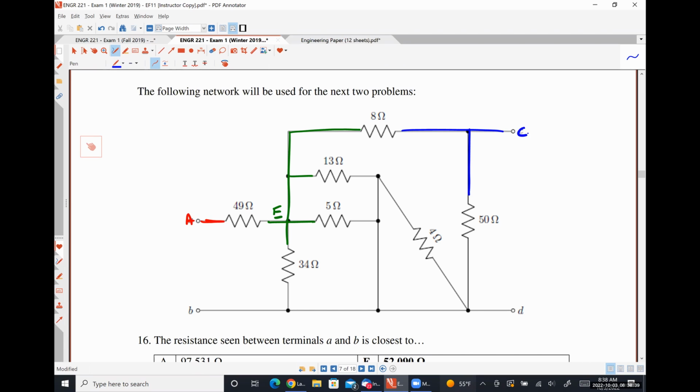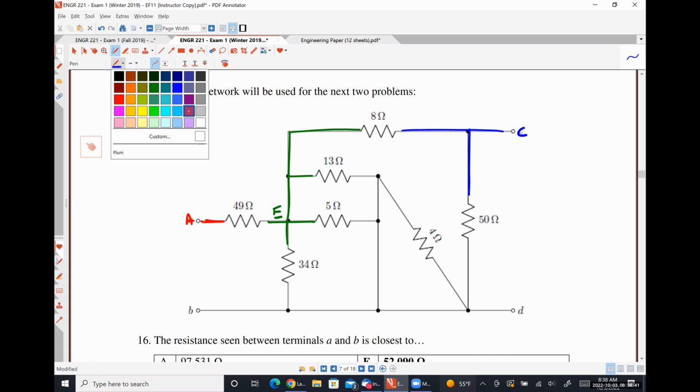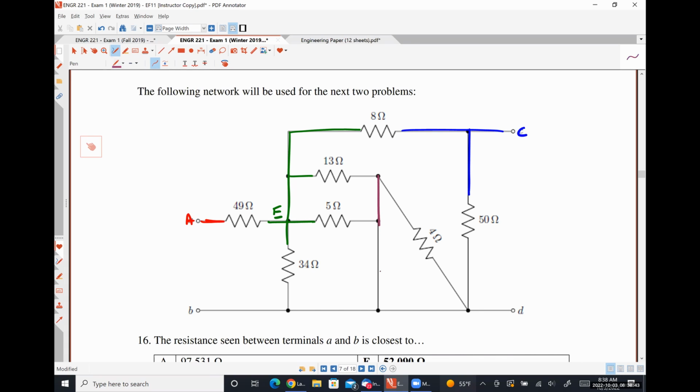C. And this guy here is both B and D, because B and D are connected by a short circuit.